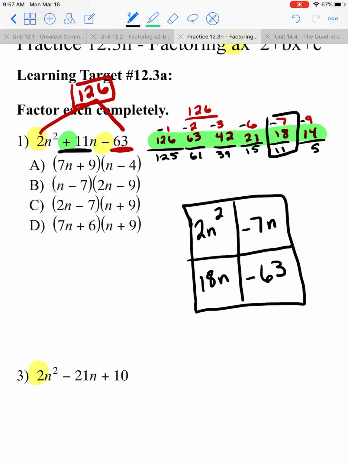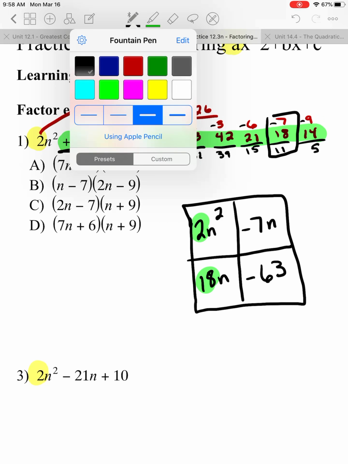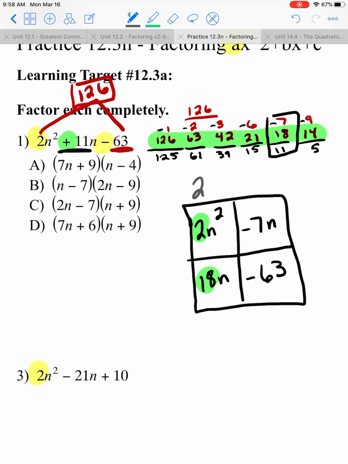So we go back to our last video. I'm finding the greatest common factor of my rows and columns. It doesn't matter which way I go first, if you remember that. Let's start with our columns. Let's go 2n squared and 18n. The greatest common factor of 2 and 18 is 2.